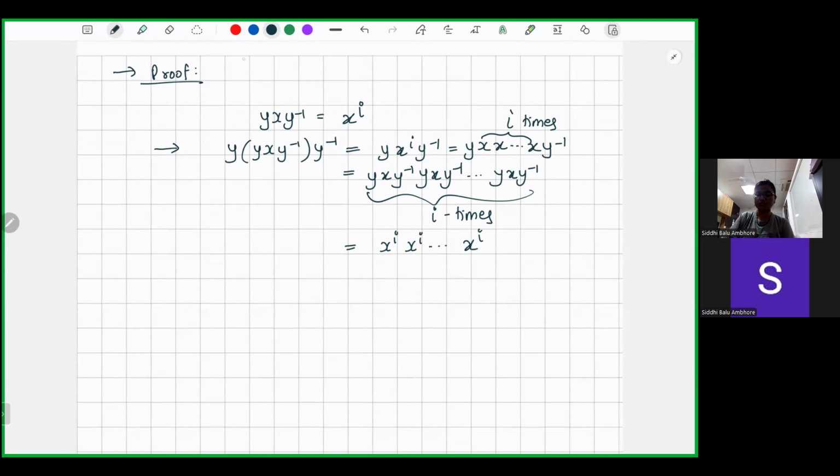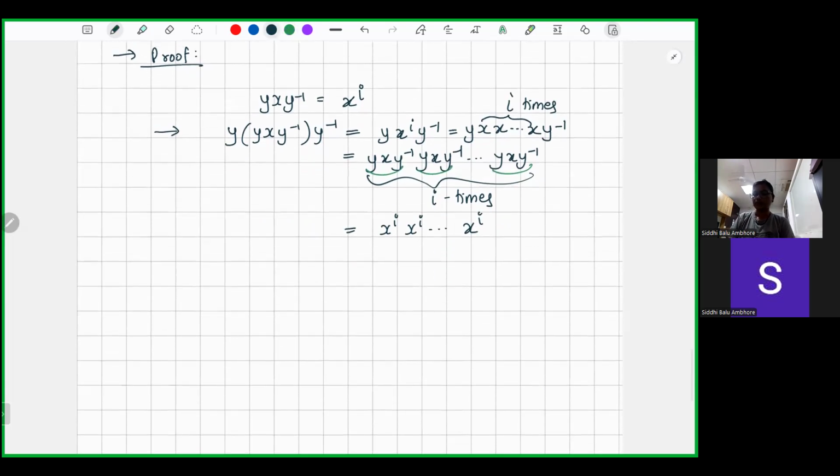So for each such pair I have x power i, and when I club them, this is i plus i plus i, i times. So this is x power i times i, so this is x power i squared.